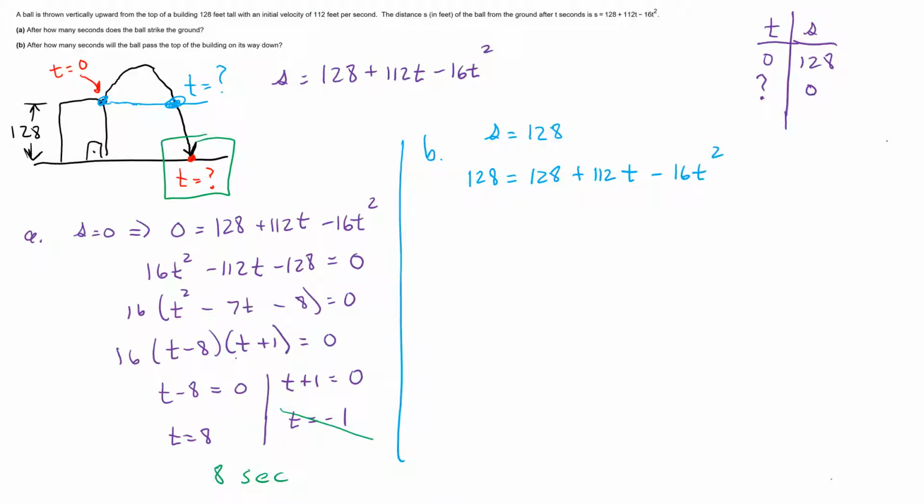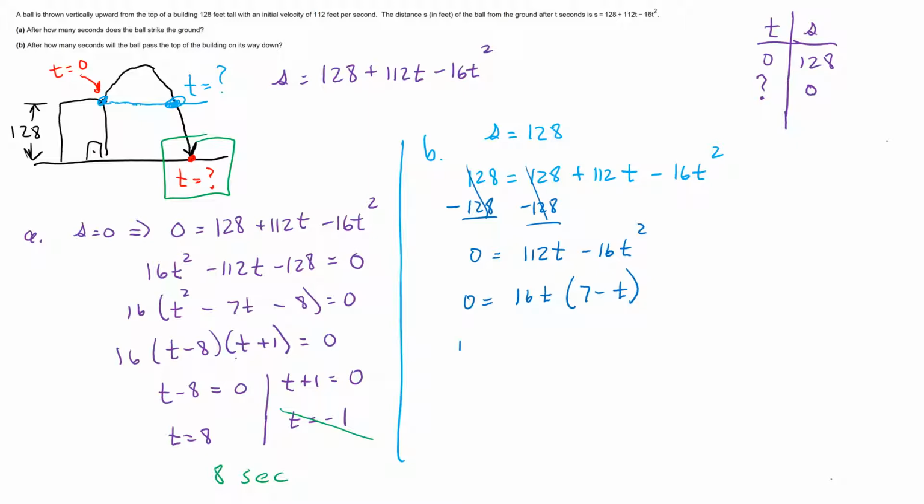We could subtract 128 from both sides, and so these 128s just cancel out, and I'm left with 0 equals 112t minus 16t squared. And I can factor out a GCF of 16t, leaving me with 7 minus t.